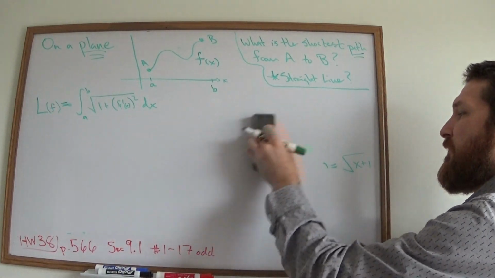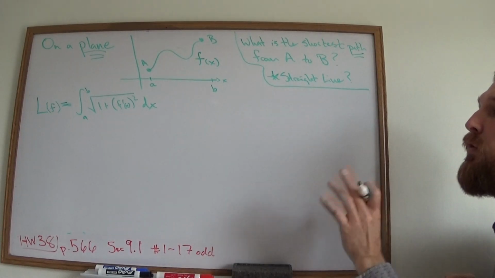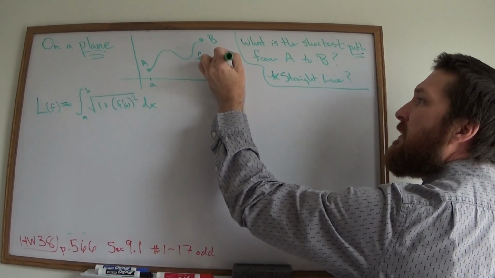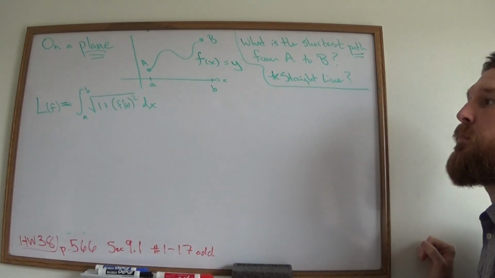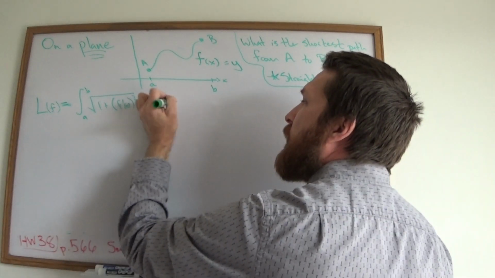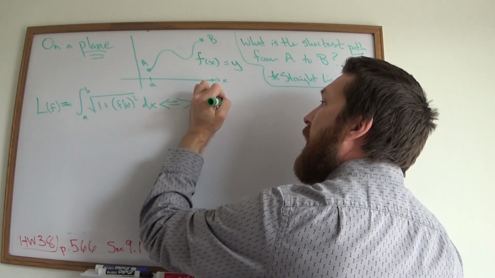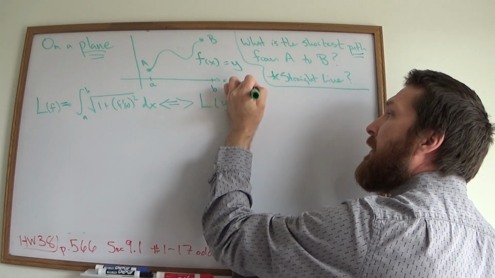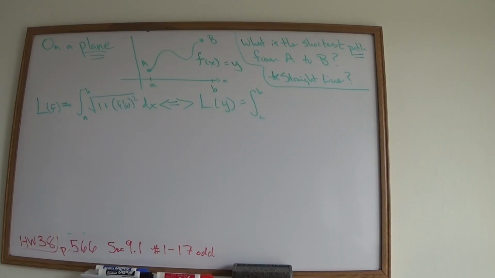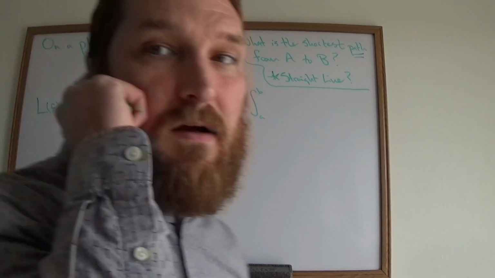Now, to prevent our brains from being completely broken when we start to manipulate this thing symbolically, I'm going to say, let's call this y. So now, L of f is going to be L of y. Does it make sense that the thing that is changing, the variable, is the path itself, which is f of x, or y, I guess?